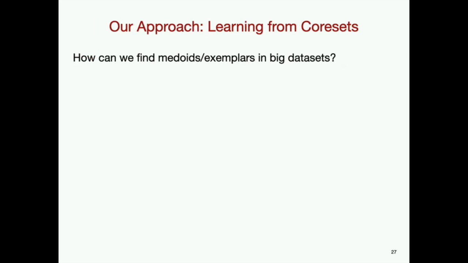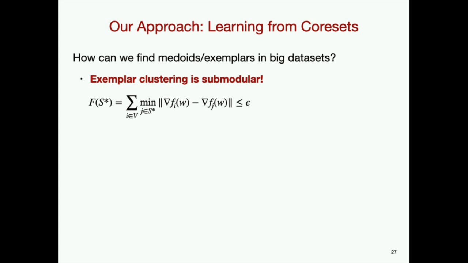Okay. So first of all, how can we solve this clustering problem in big data quickly? This clustering problem is actually called exemplar clustering, which we can write in this way. And this is a submodular function. Submodularity is a property of set functions.